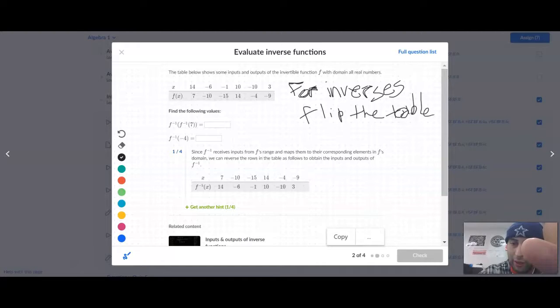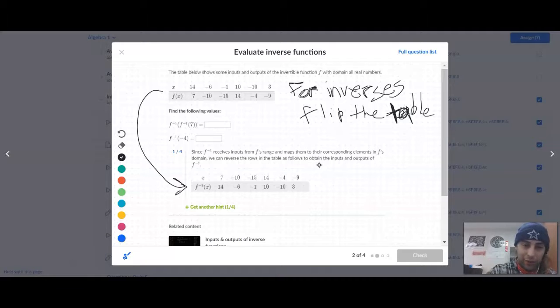It's supposed to be an A, and that's supposed to be a T. For inverses, you want to flip the table. Now, I want you to notice that's what they did from here to here. They took the x's and the y's, and they flipped them over.